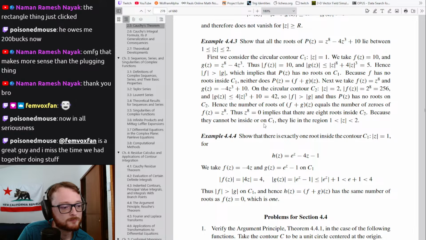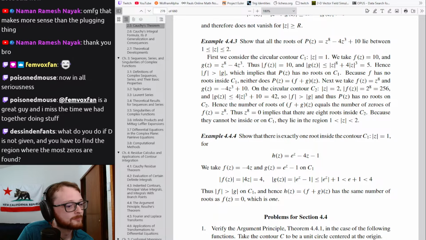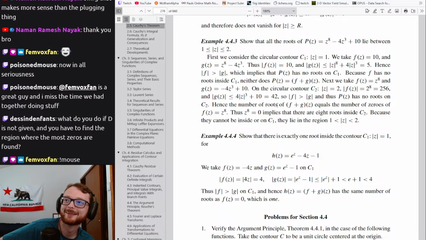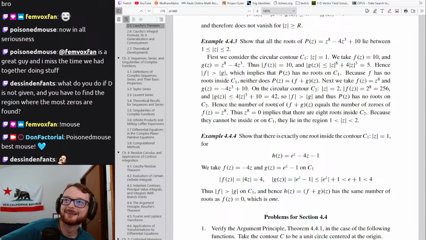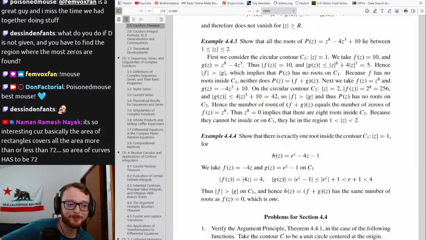Aw, that's nice, Mouse. What do you do if D is not given? You have to find the region where the most zeros are found. That seems like a much harder problem.